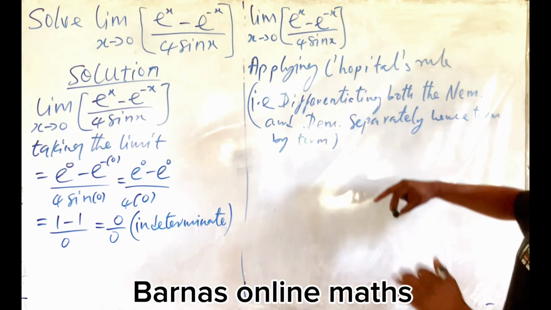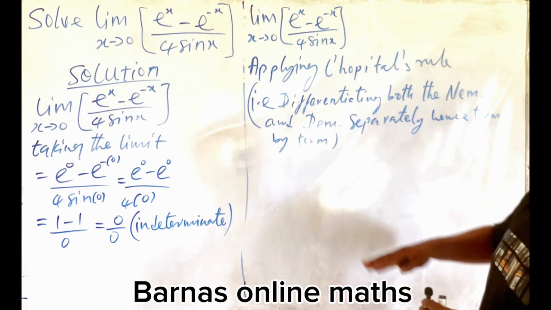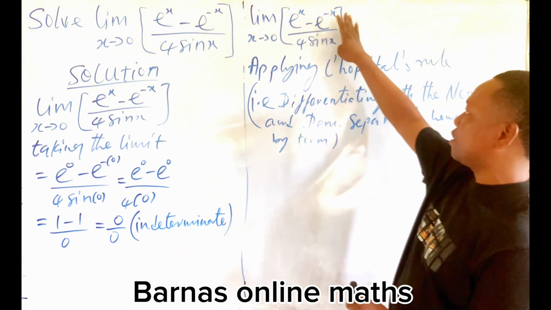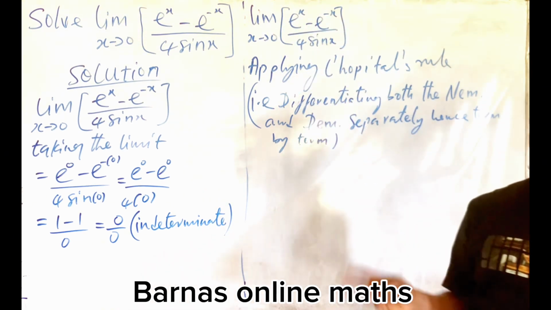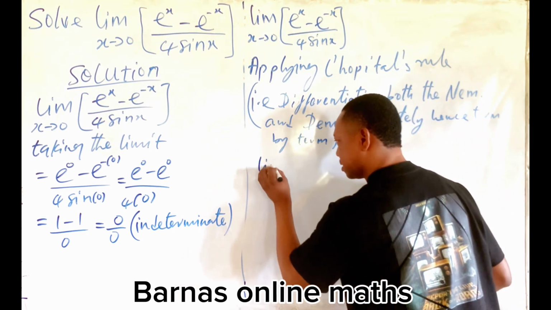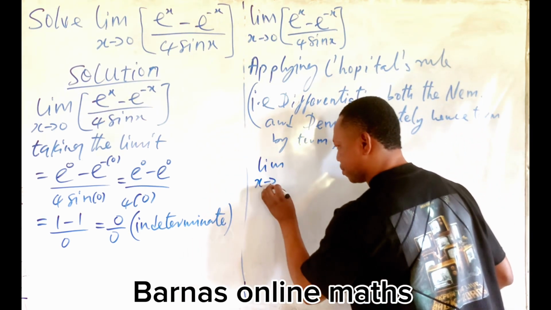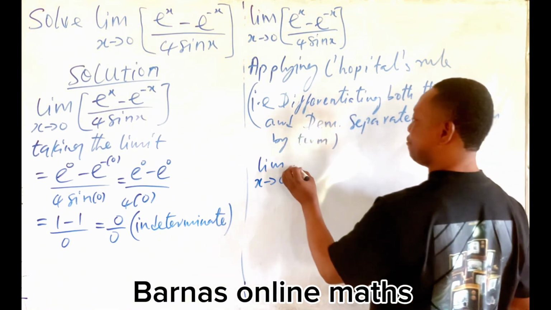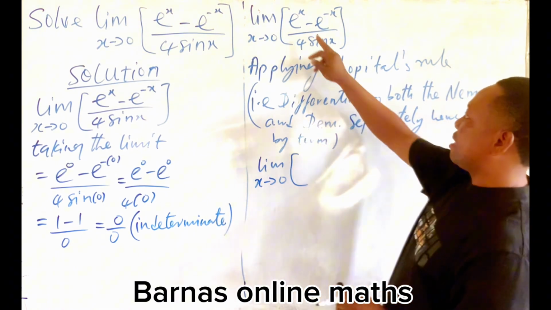So if we apply L'Hopital's rule, which simply means that we are going to differentiate both the numerator and the denominator separately, that will give us the limit as x approaches 0 of, now look at the first term.